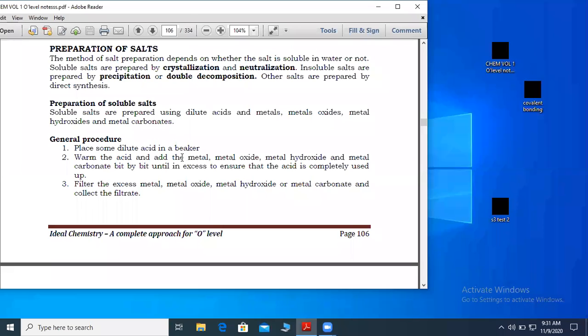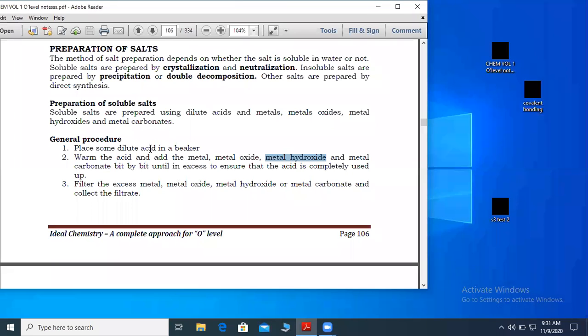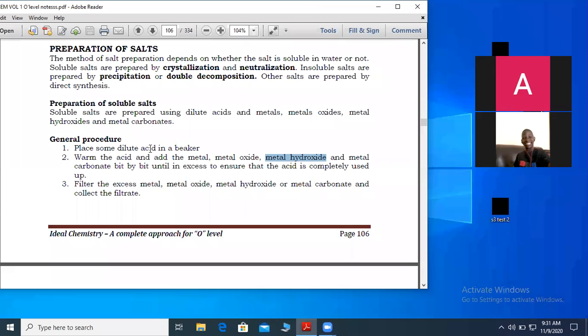If you are using metal, you add the metal. If you are using metal oxide, you add the metal oxide. If you are using metal hydroxide, you add the hydroxide. And if you are using metal carbonate, you add the metal carbonate. But you add it bit by bit or little at a time until it is in excess.